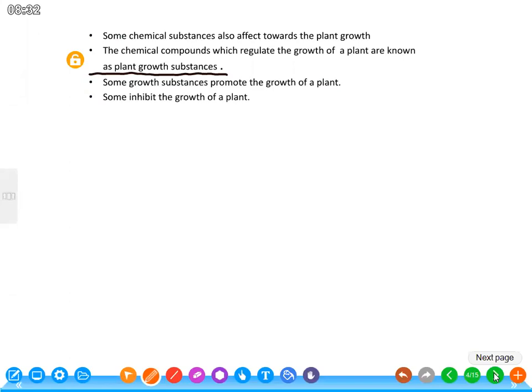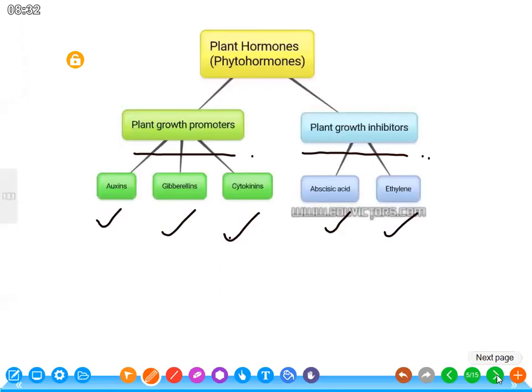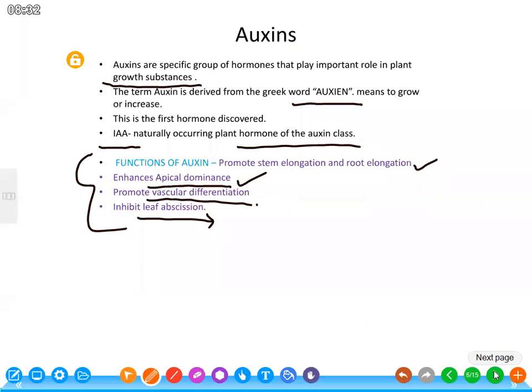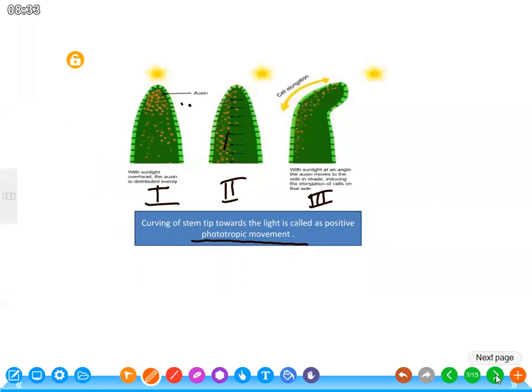Some growth substances promote the growth of a plant and some inhibit it. Here you observe the plant growth promoters and plant growth inhibitors. And here you observe the functions of auxins: promote stem elongation and root elongation, enhance apical dominance, promote vascular differentiation, inhibit leaf abscission. Okay. I already explained you this activity.